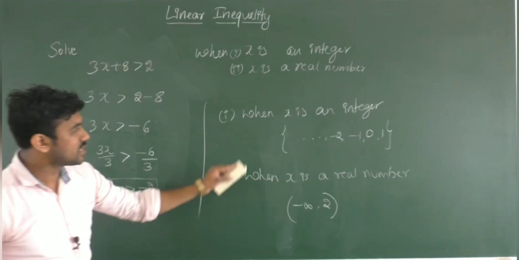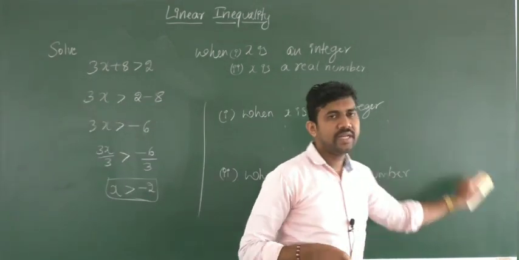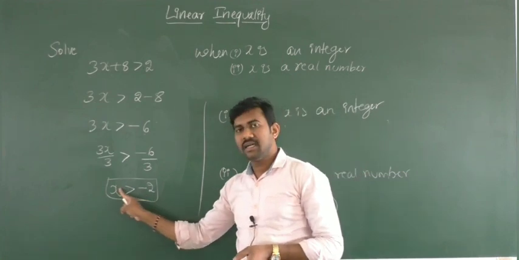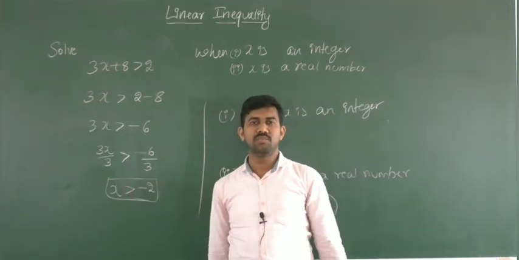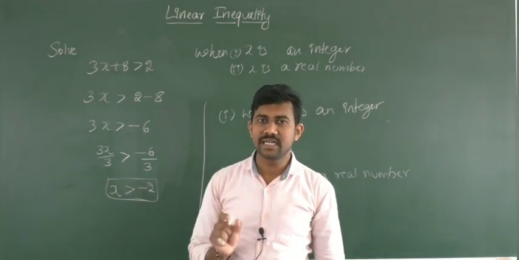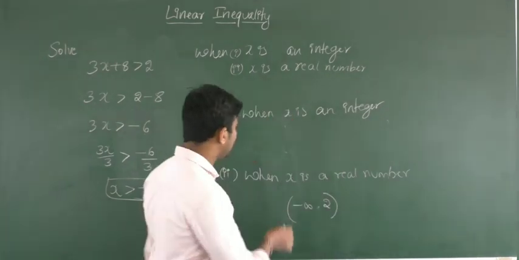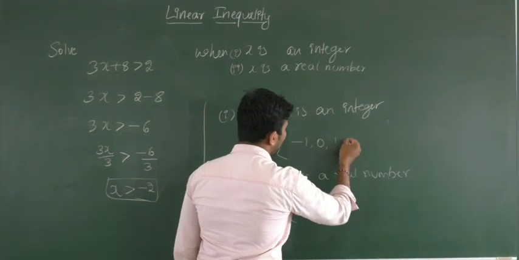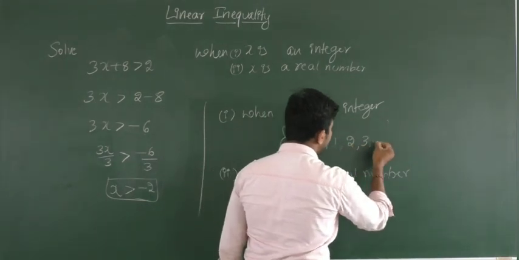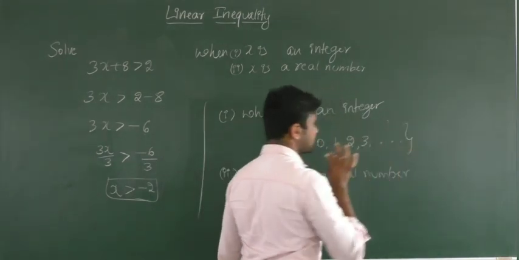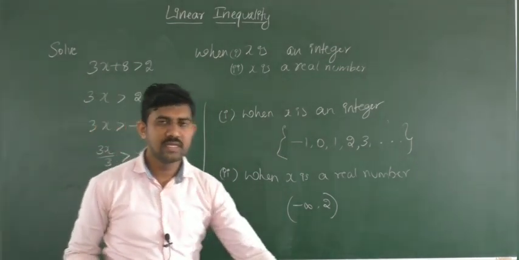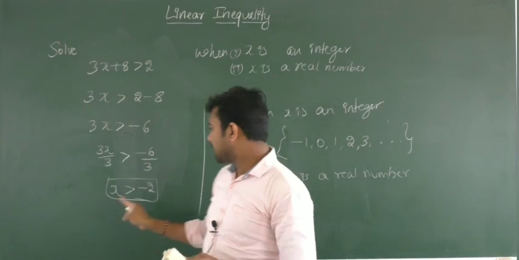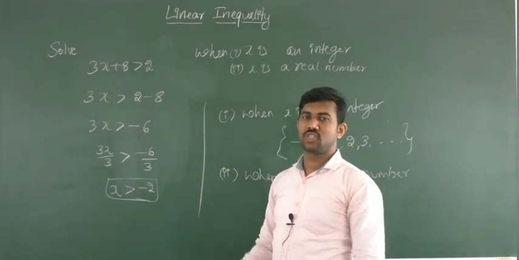Now write the solution set. Okay, when x is an integer, what are the integers greater than -2? Integers strictly greater than -2 are -1, 0, 1, 2, 3 and so on. This is the solution set. Similarly, when x is a real number, what are the real numbers greater than -2?